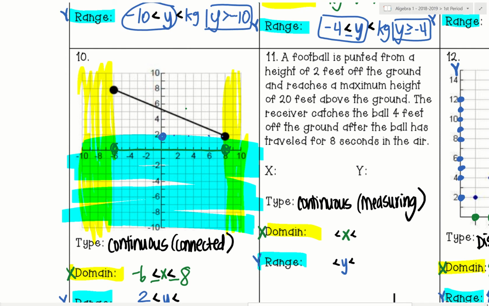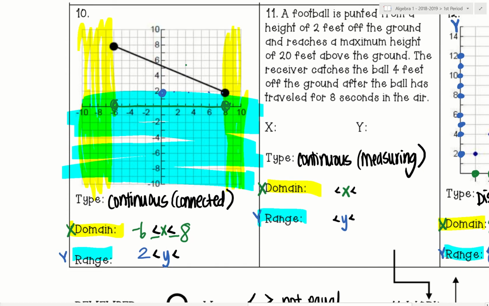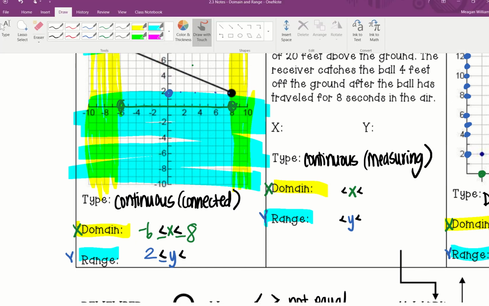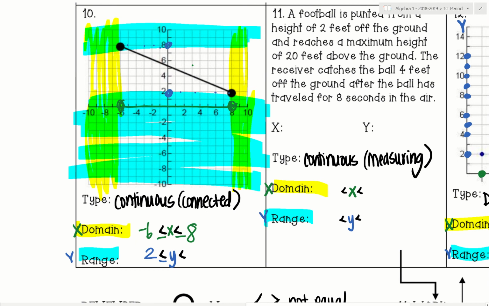Is it open or closed? Closed. So make sure you close up your sign. Where's the top of my graph at? +8. And it's closed. So what can my y be? Anywhere from 2 to 8. Is everybody okay with this?